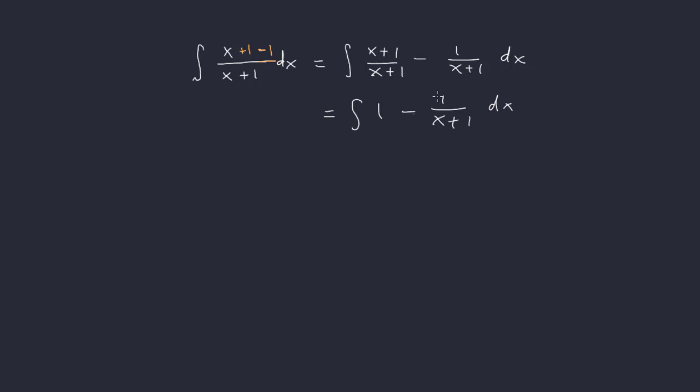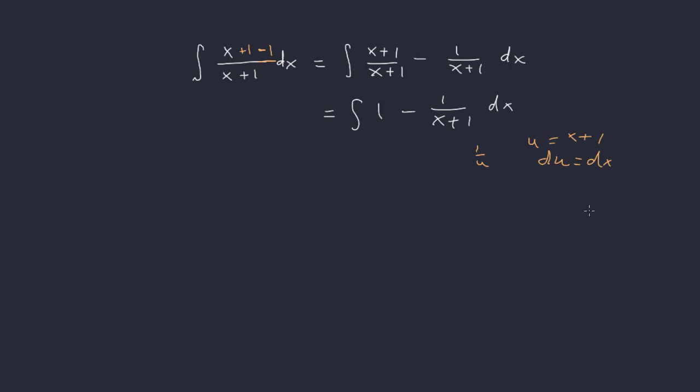Now this, right here, we could do a U substitution, since that's going to be 1 over u. But if u is x plus 1, du is dx. There's not a lot of work to do.